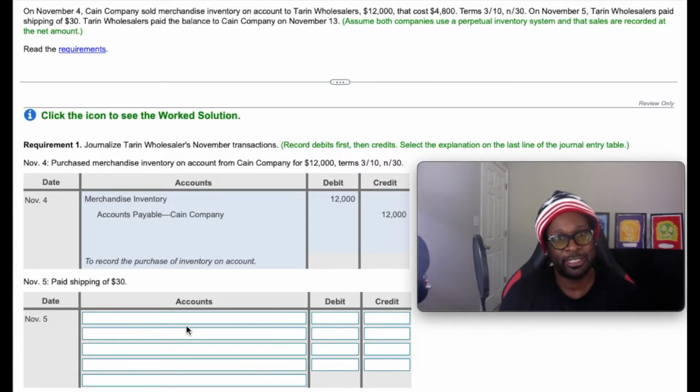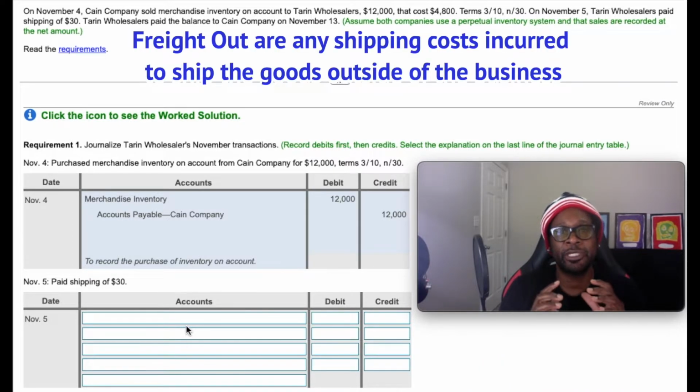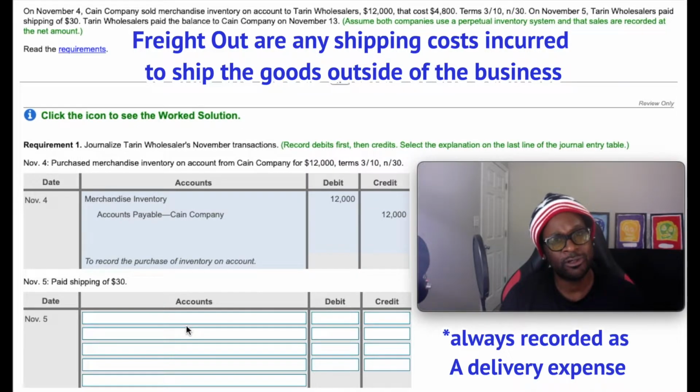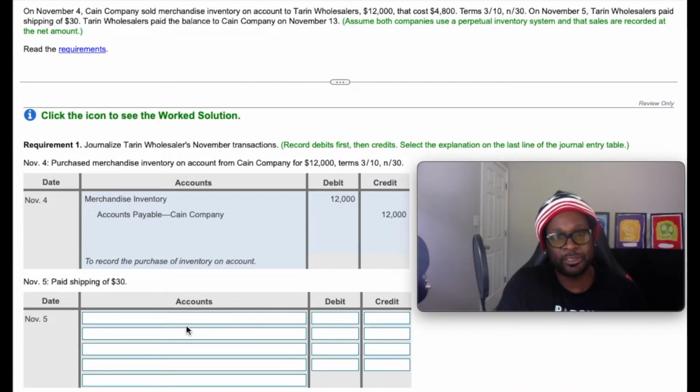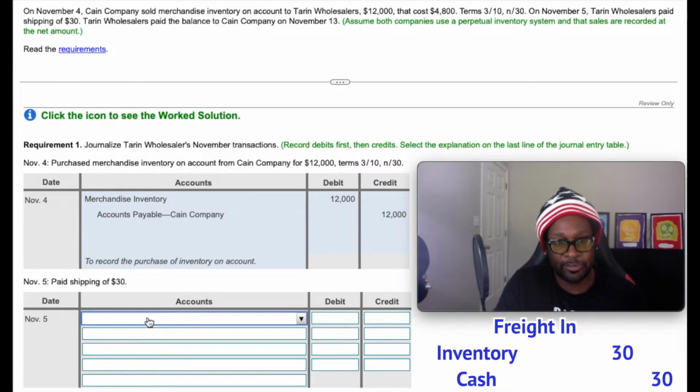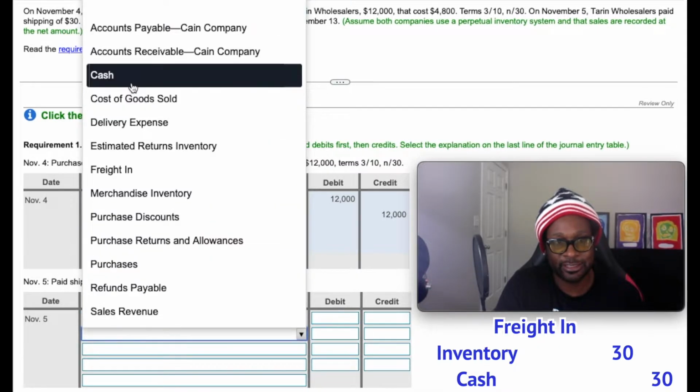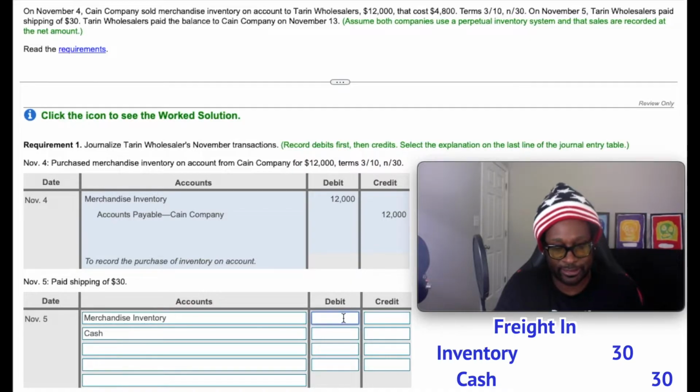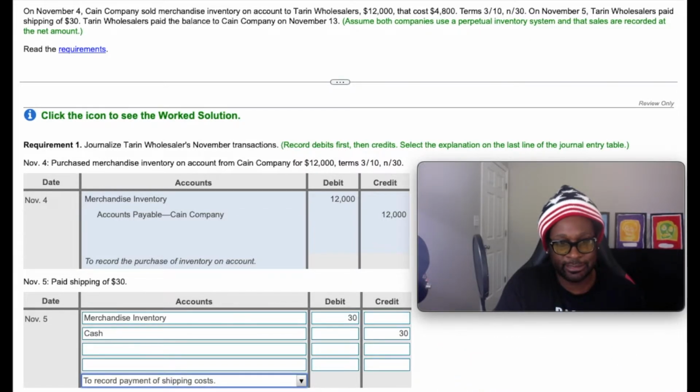In contrast, if you're paying for shipping charges to get the goods out of the business to the purchaser, this is considered freight out. And freight out is normally recorded as an expense. So since we're dealing on the purchasing side, we're going to increase the cost of our inventory. So we're going to debit merchandise inventory and credit cash for the $30. We're going to check the answer.